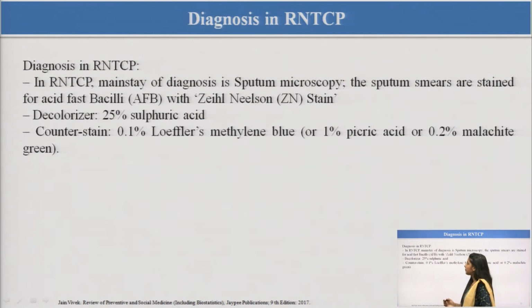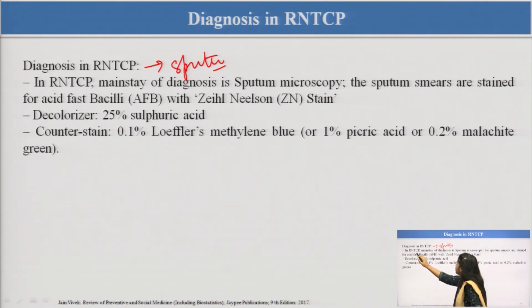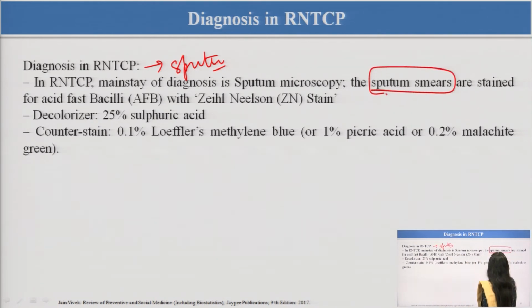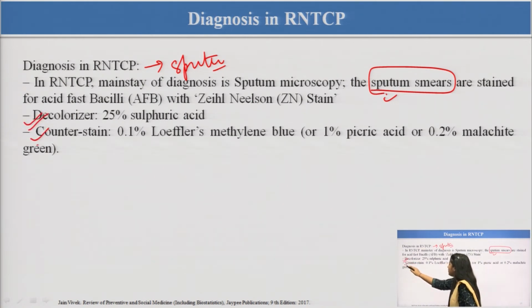Then the diagnosis in RNTCP. I told you there is a sputum analysis, and in the sputum analysis we are using the Ziehl-Neelsen staining, as I told you in the previous slides. Now, in the RNTCP we are using sputum smears, and on those smears we use a decolorizer and color staining.